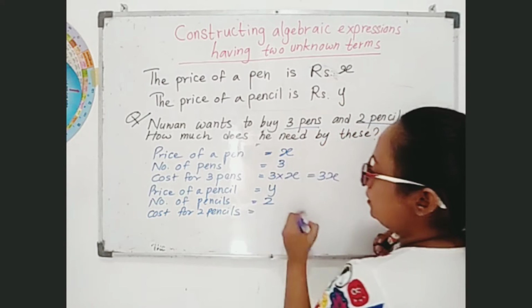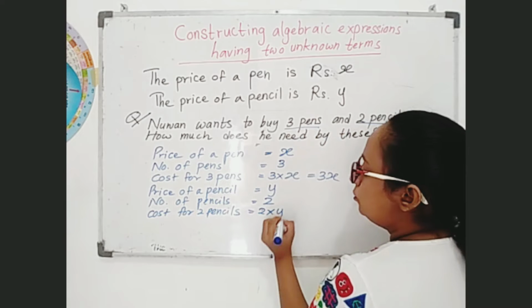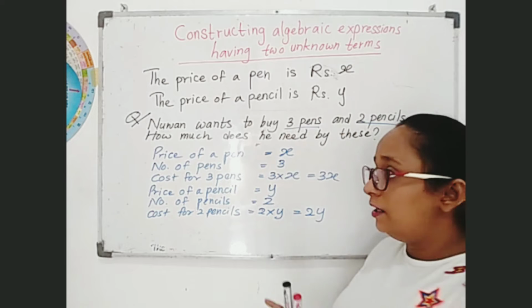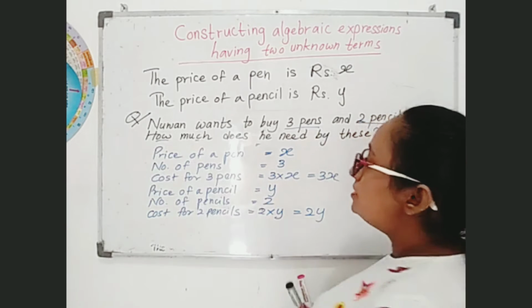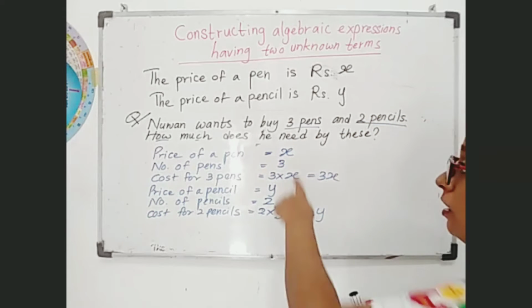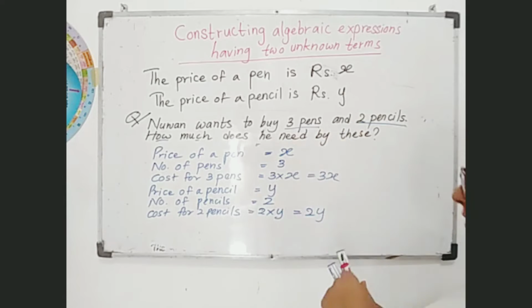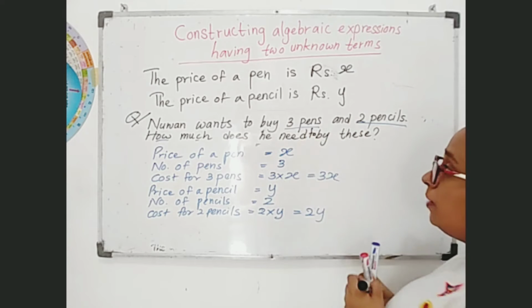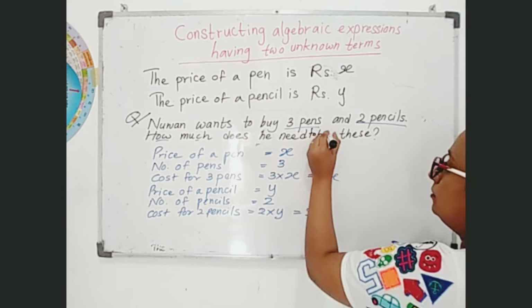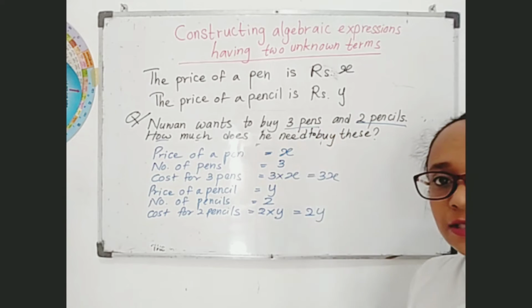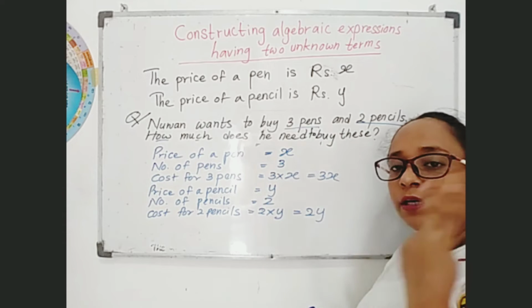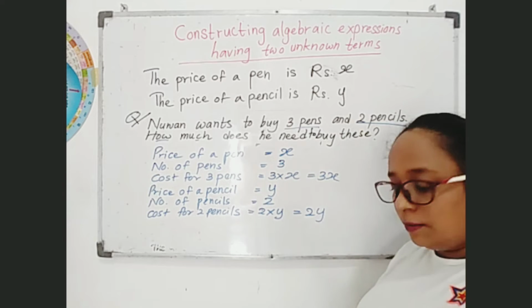How much he gets. So that is 2 into Y. That will be 2Y. Then අපෙන් අහන්නේ how much does he need to buy these things? So total cost for these two. Pen තුනකටයි pencil දෙකකටයි යන මුළු වියදම තමයි අහන්නේ.